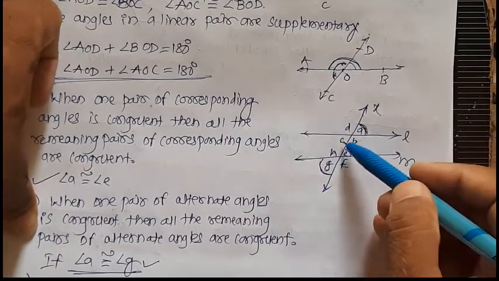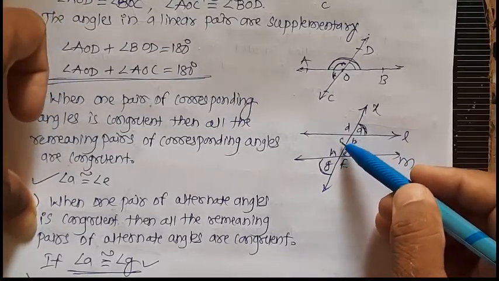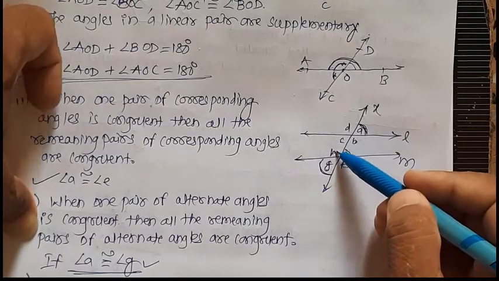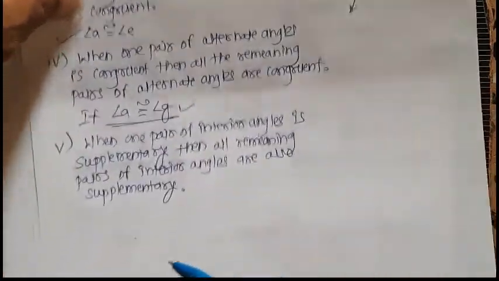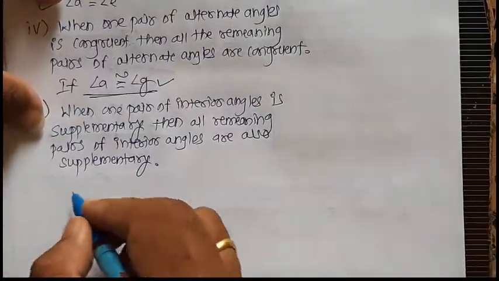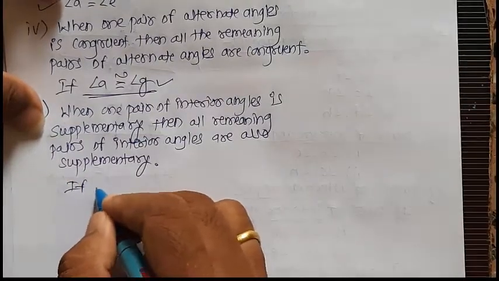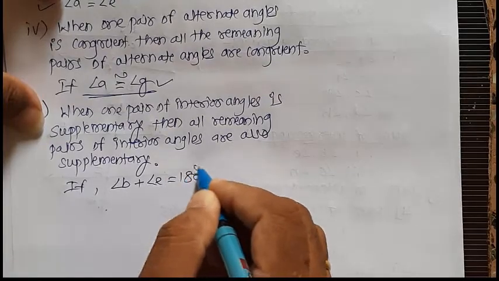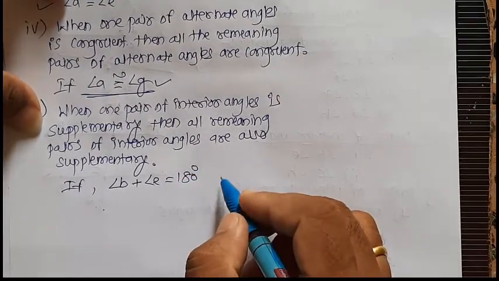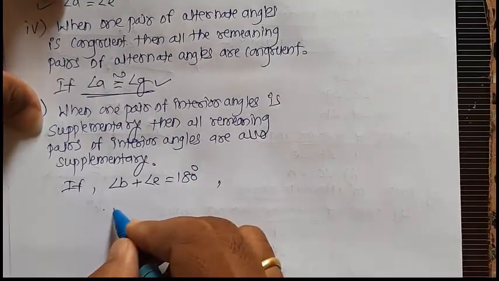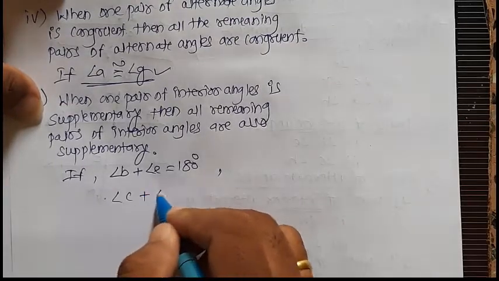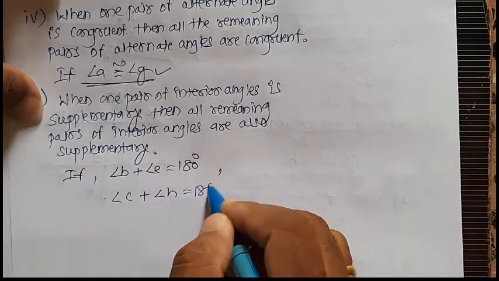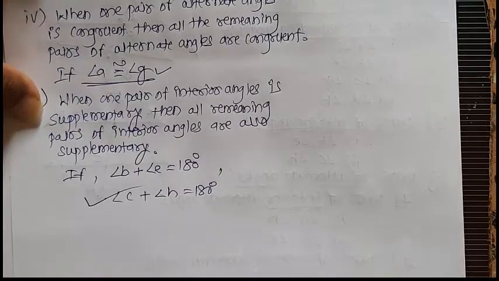There is only one remaining pair, angle C and angle H. So angle C plus angle H is also 180 degrees.